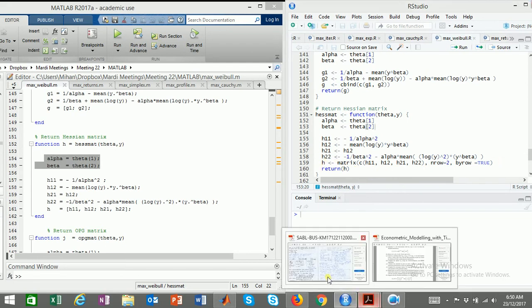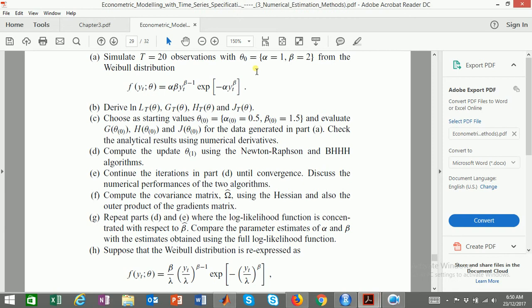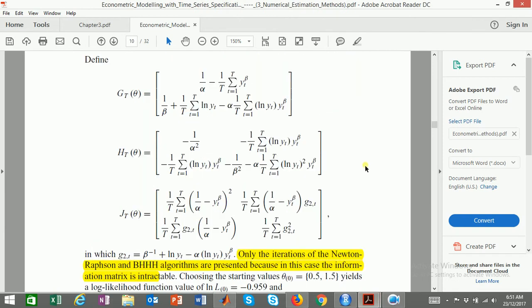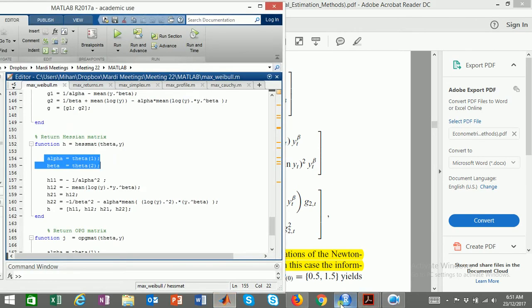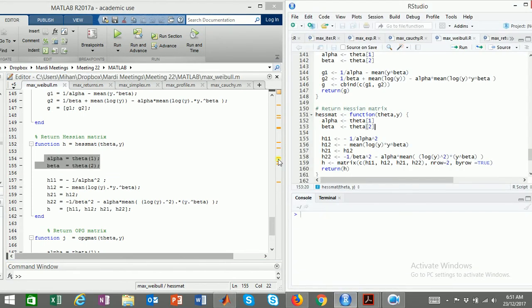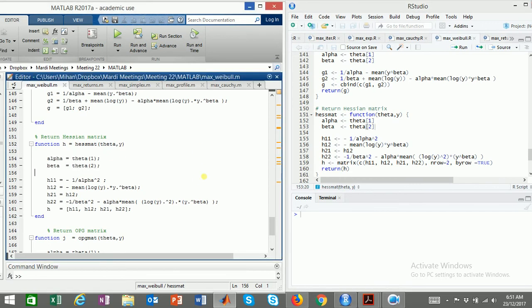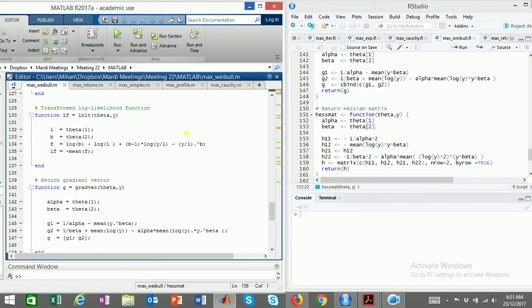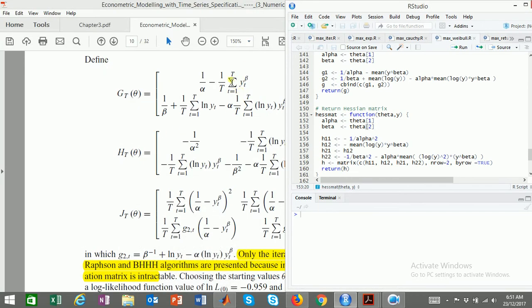These are all coming from here, you see, page 10. So we're just putting in things that are already mentioned for the Hessian. So this is the Hessian matrix. Basically we are returning the gradient vector and Hessian matrix, that's all.